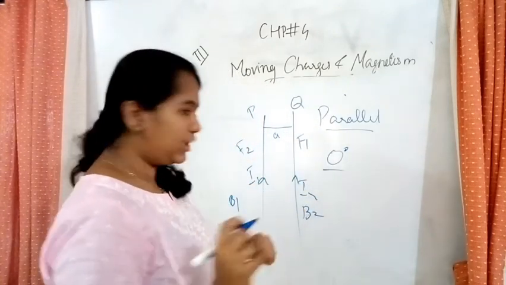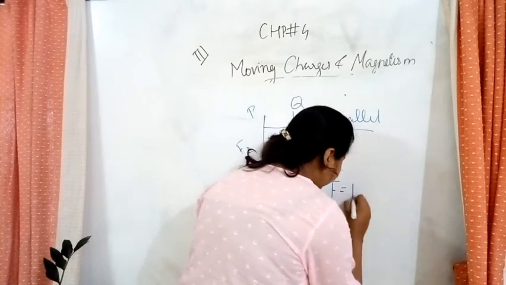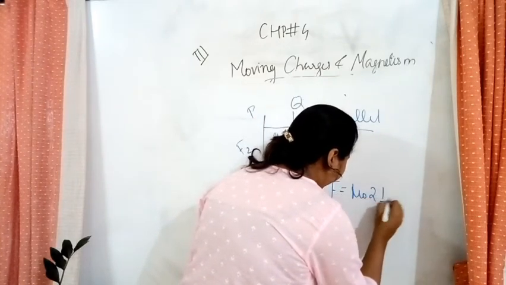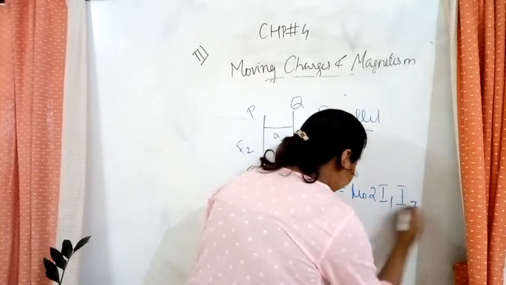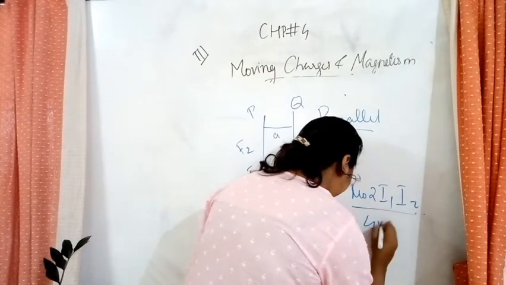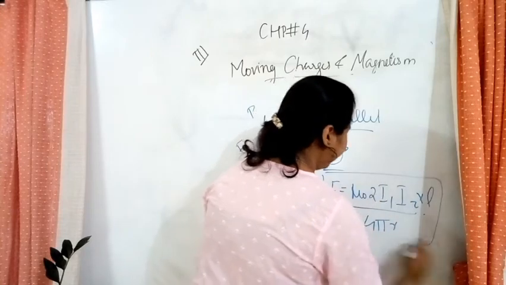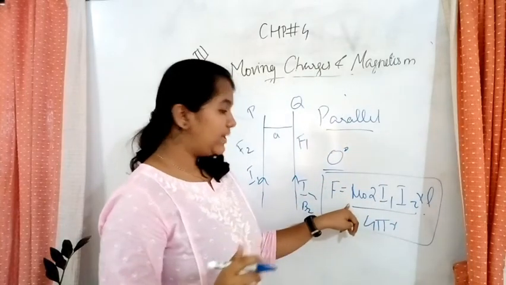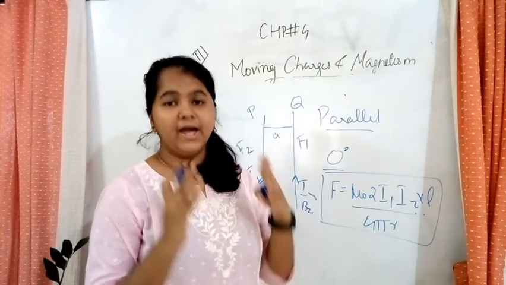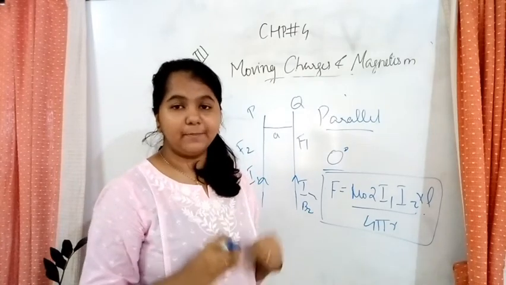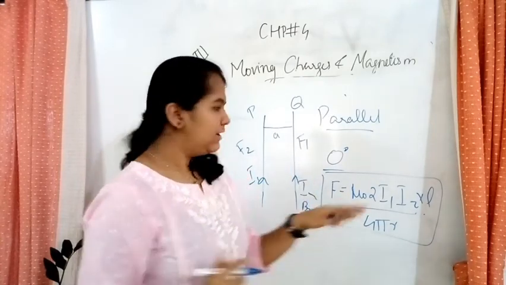Now let's write the equation. F is equal to mu 0 into 2 into I1 I2 divided by 4 pi r into length. This is our equation. What are all these?